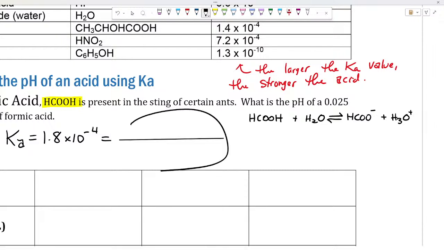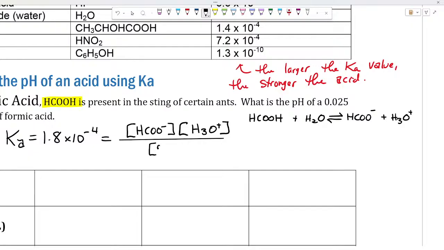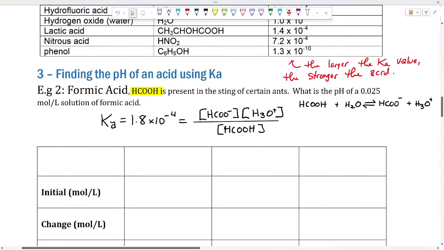So what will the Ka expression for this be? Yep. But if you remember, do we have to do the concentration of water? No, in fact, we fold it into the constant, right? So there it is.